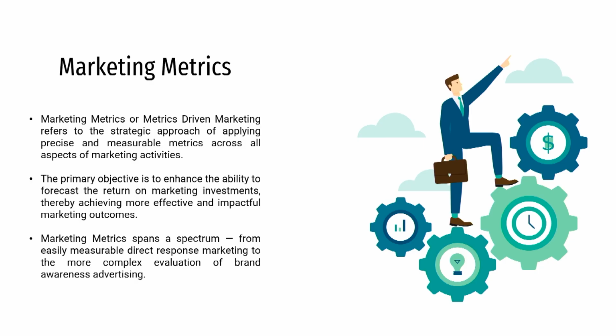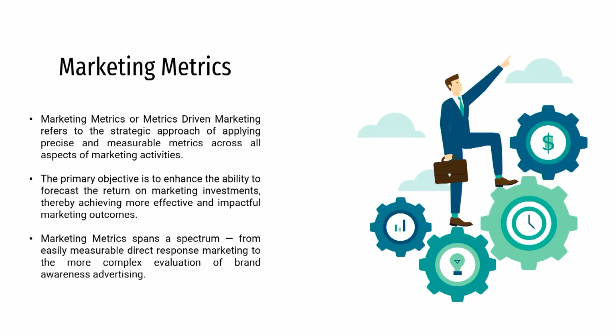Let us now try to understand the meaning of marketing metrics in a formal way. As we say, metrics is related to measurement, metrics is related to data. Marketing metrics or metrics driven marketing refers to the strategic approach of applying precise and measurable metrics across all aspects of marketing activities.